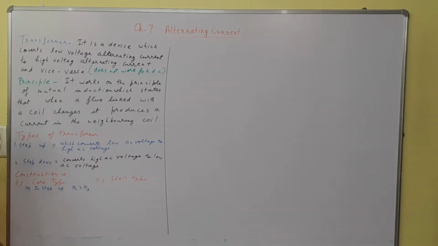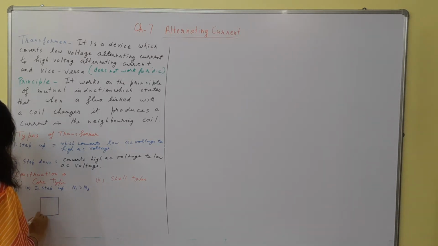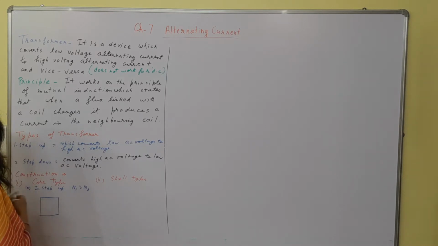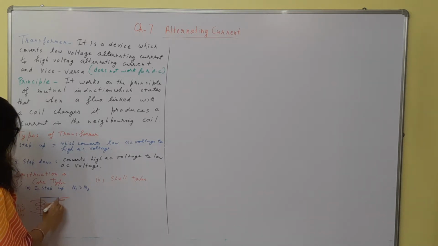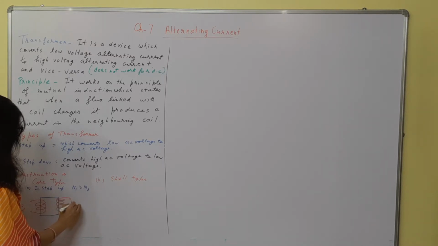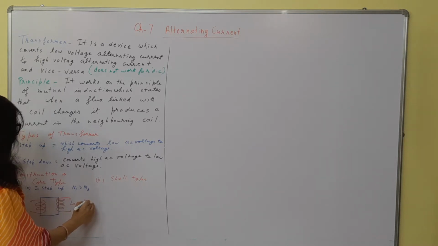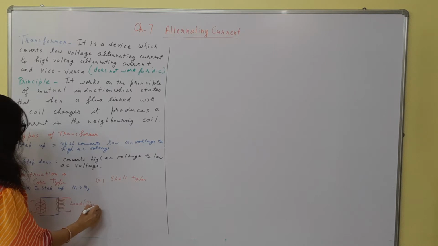Okay, so in core type, what are we doing? In core type, we have a core of the transformer like this, and this is the primary, which is connected to the mains supply, that means AC input, and the other coil is connected to the load, or you can say the AC output.